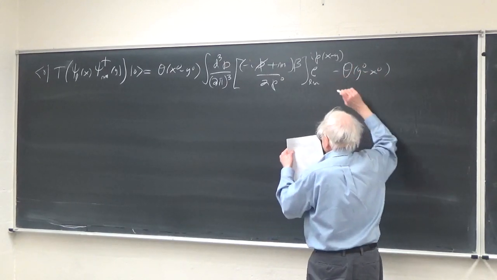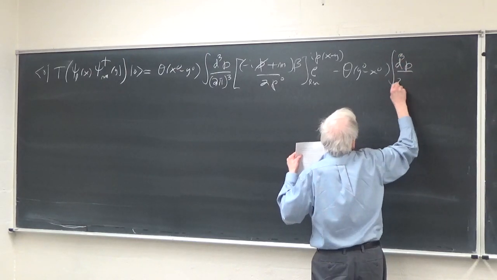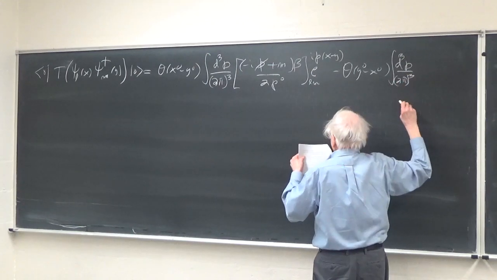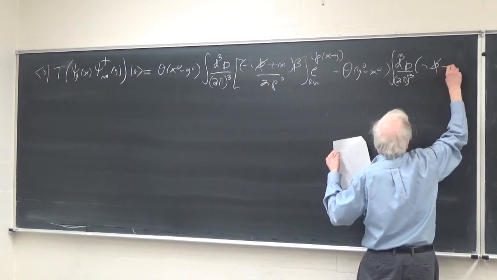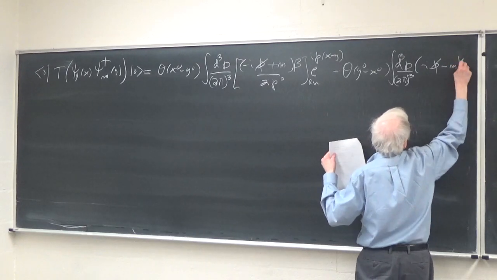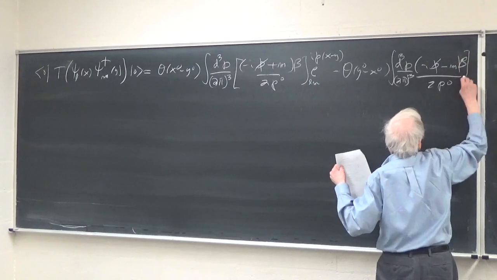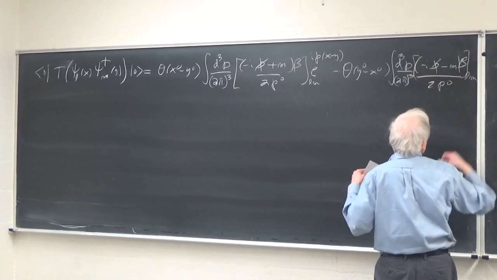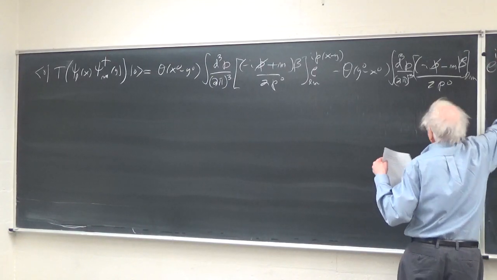This is that built-in minus sign, integral d^3p over (2 pi)^3, minus i p-slash minus m beta, over 2p0, Lm, e to the i p(y minus x).